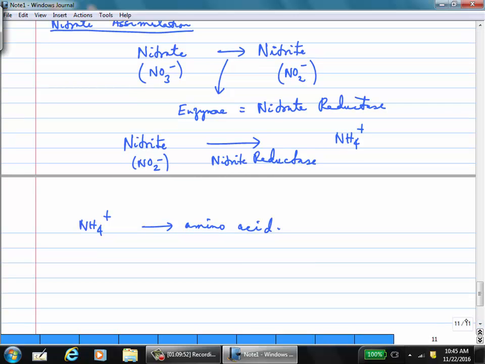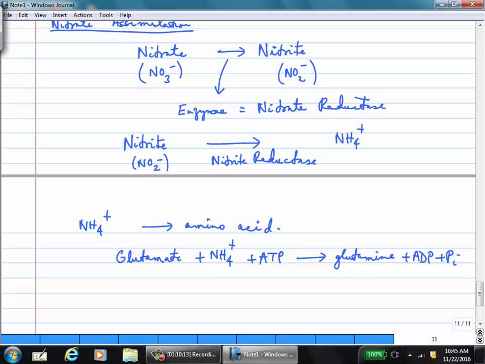For example, if you have the amino acid glutamate, or glutamic acid, and you add ammonium ion to it, and you add ATP, you get another amino acid called glutamine plus ADP plus inorganic phosphate.